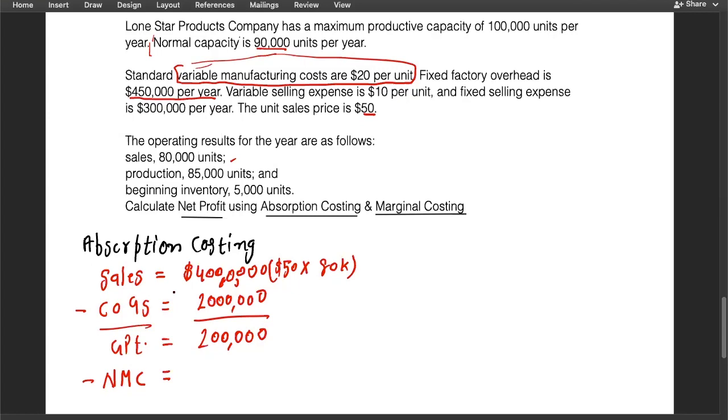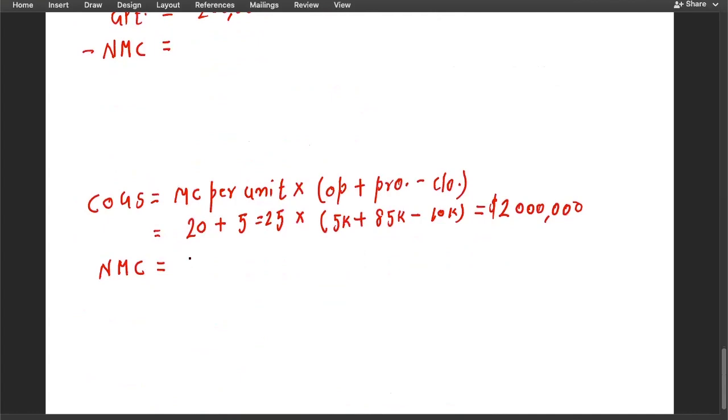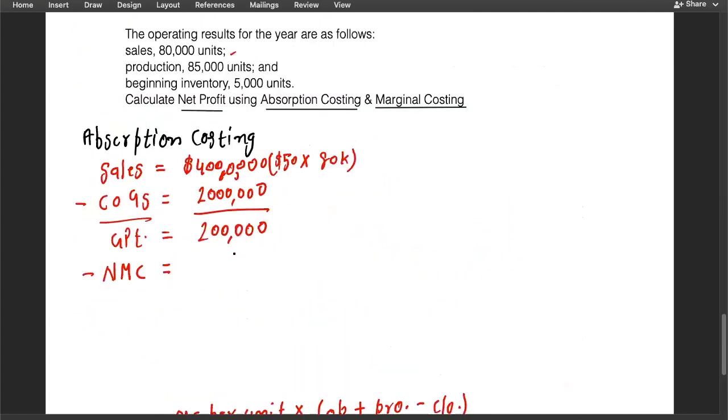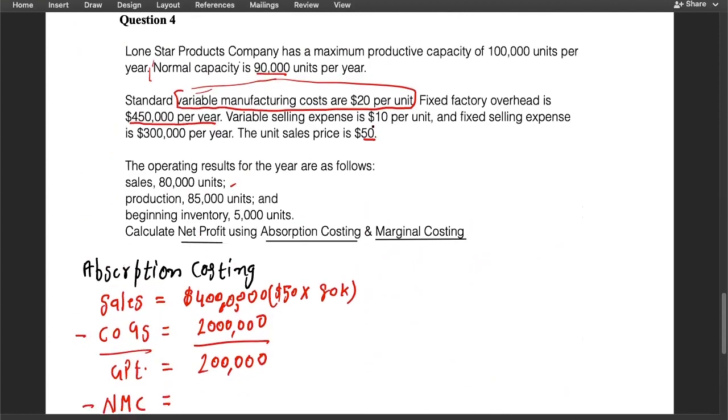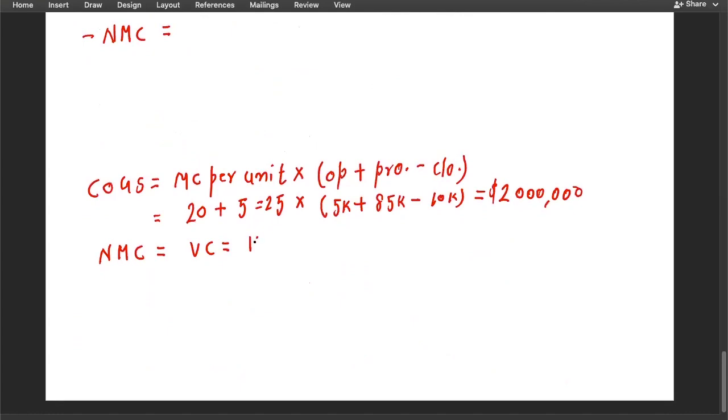So we have a variable non-manufacturing cost of $10 per unit. So 10 multiplied by sales units, and sales units are 80.